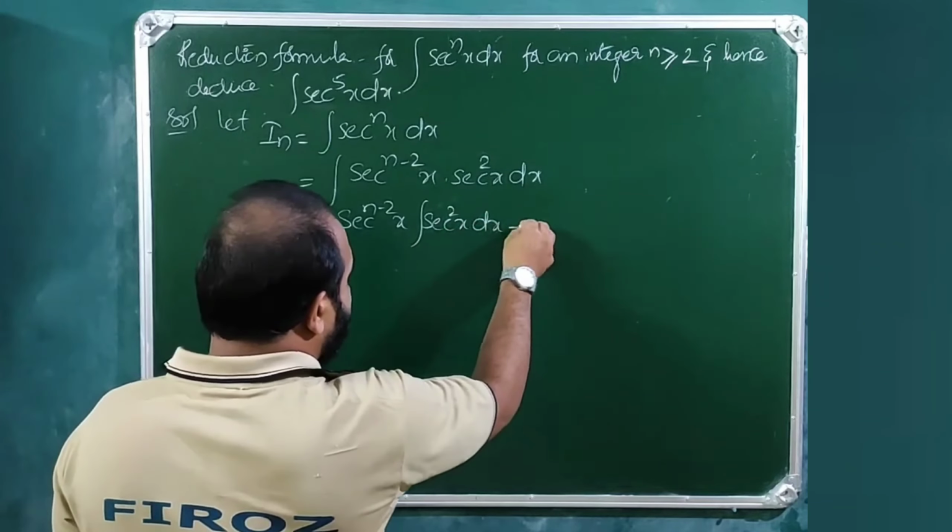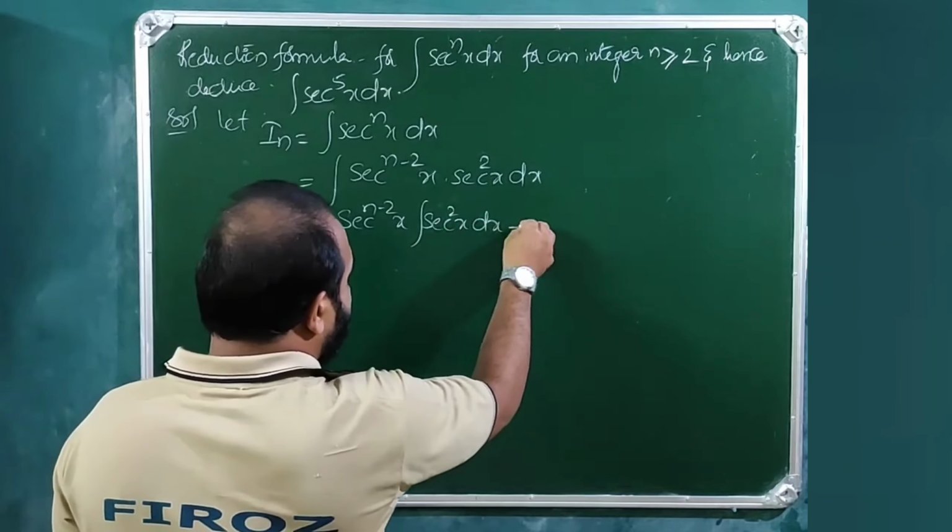Reduction formula for the integral sin power m x into cos power n x dx, for a positive integer m and an integer n greater than or equal to 2. First let us take this integral sin power m x into cos power n x dx to be I m n, because this integrand comprises both power m and power n.